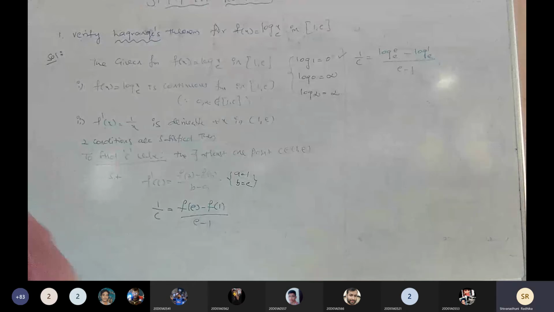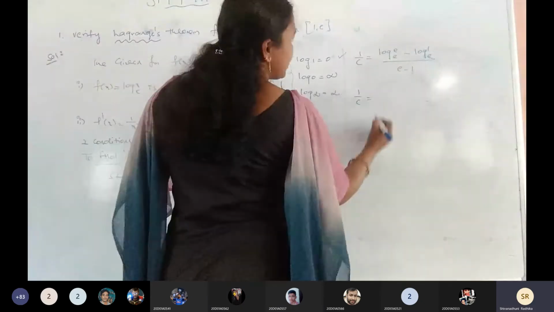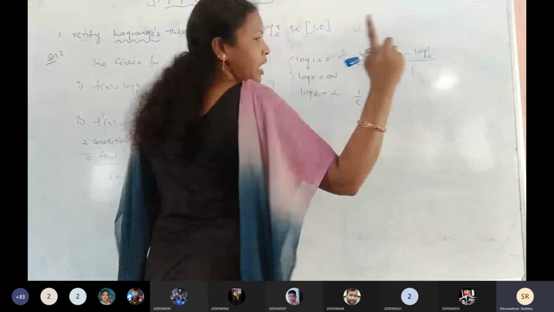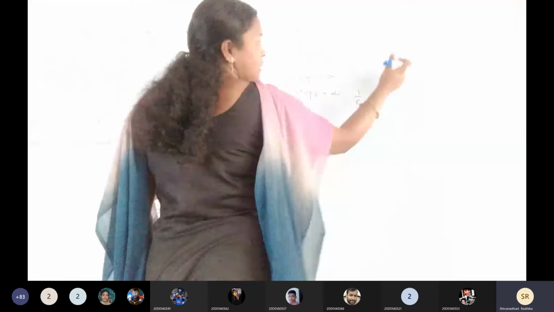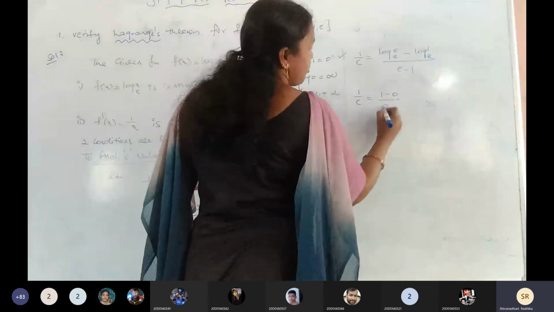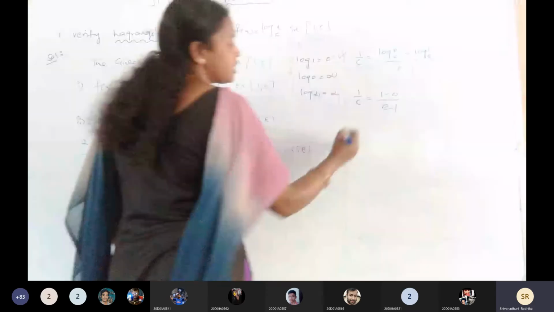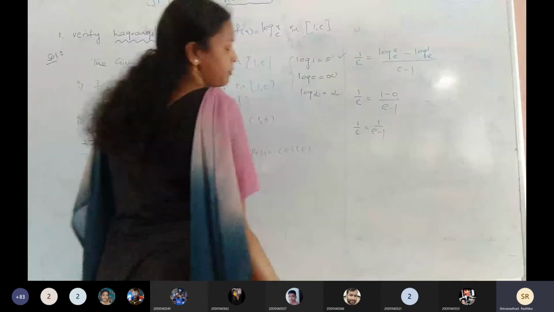So 1 by c equals log e base e, whose value is 1, minus log 1, which is 0, by e minus 1. Is it clear? 1 by c equals 1 by e minus 1. Right?